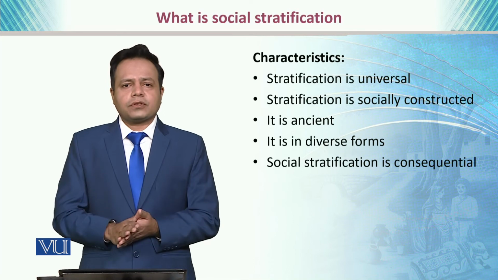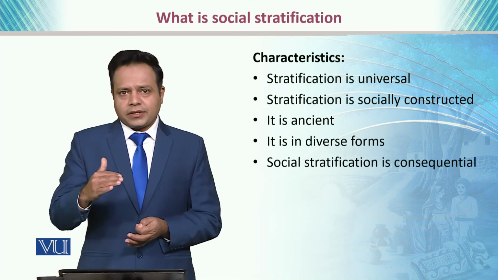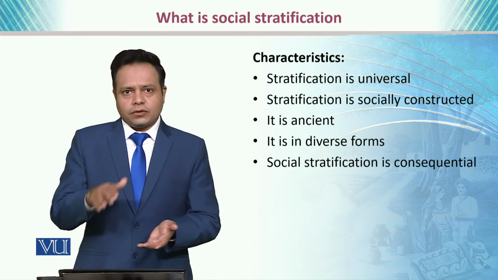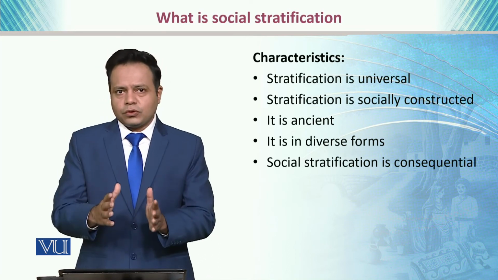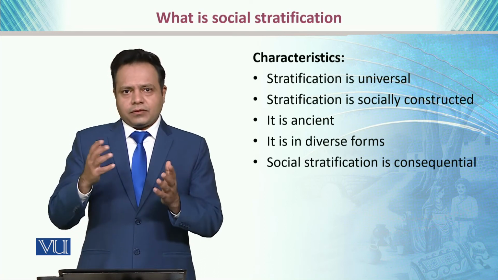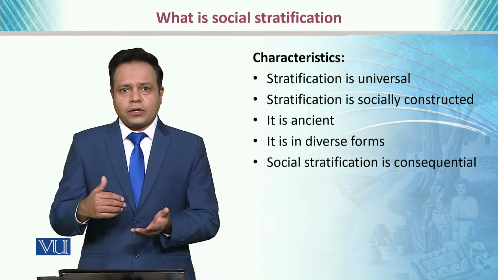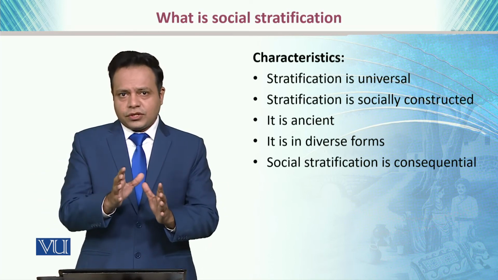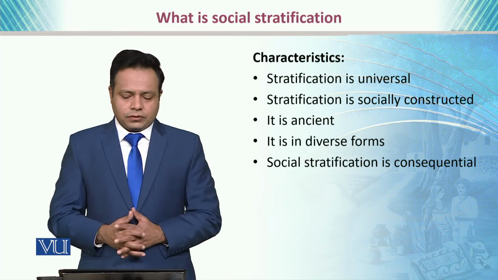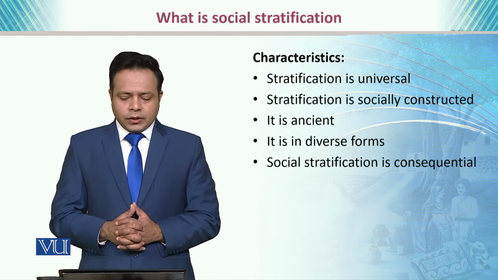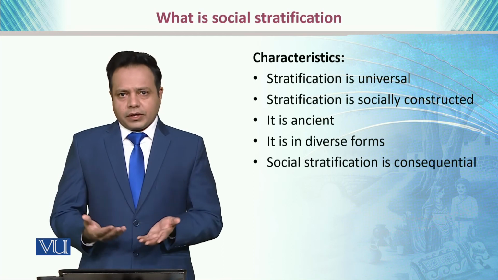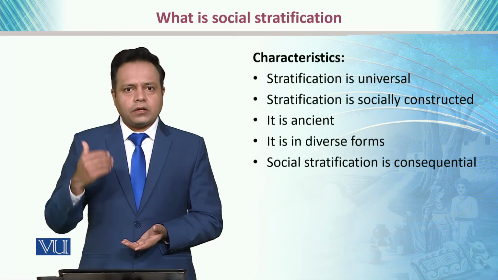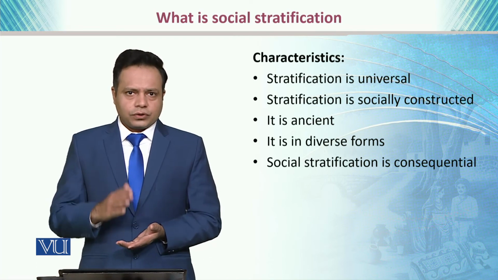And these social constructions are not permanent. They are subject to change. If the society changes its overall structure, a certain position can be assigned a higher or lower value depending on what a society judges or views that social position to be. So it can have diverse forms, and social stratification has a lot of consequences on our social lives.